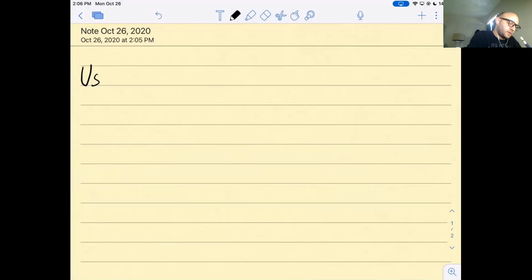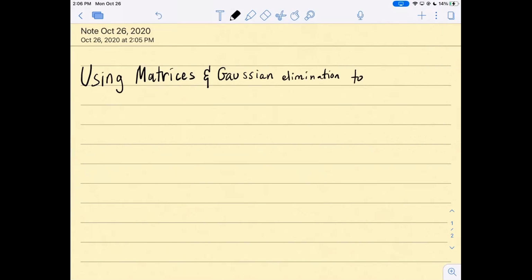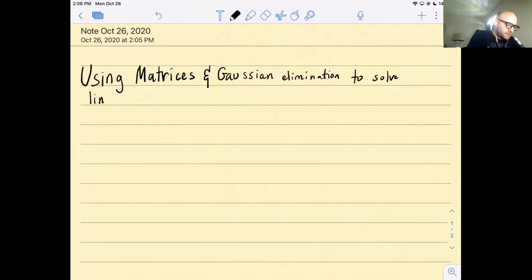Okay, so this is using something called matrices and something I'll call Gaussian elimination to solve linear systems of equations.